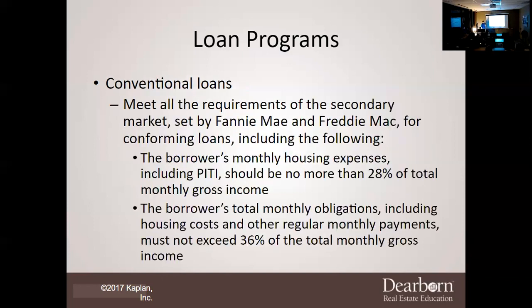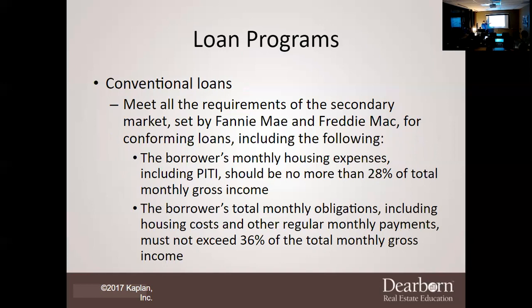Now, we also are going to meet all the same requirements of the secondary market. However, we're going to make certain that this loan can be sold, and we're going to follow the Fannie and Freddie Mac rules to create what's called a conforming loan, meaning that it conforms to the standards of Freddie and Fannie.